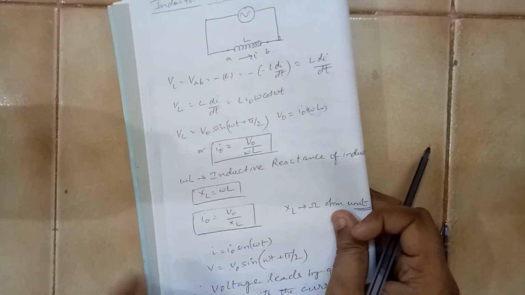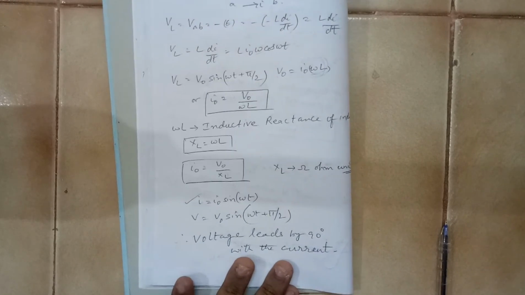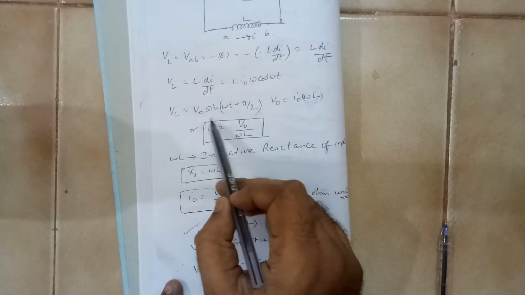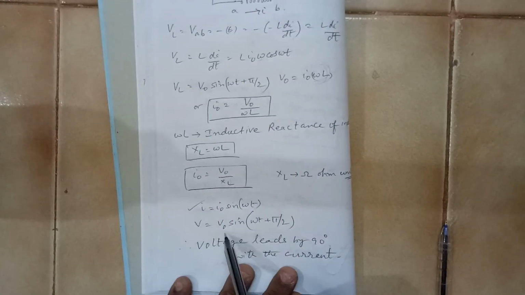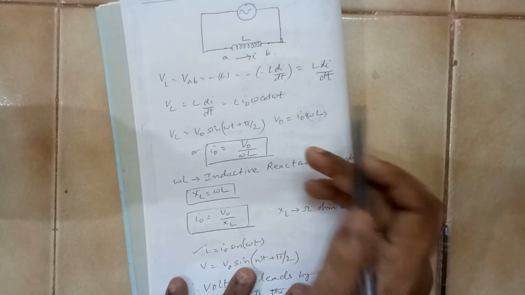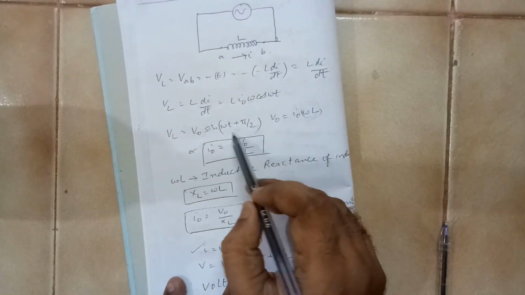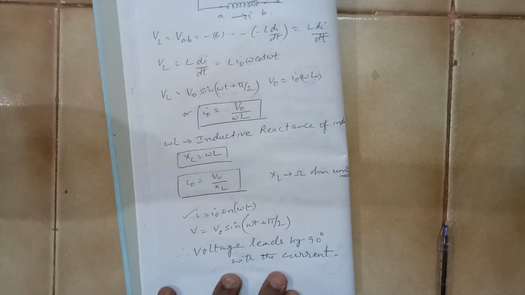If you see the phase difference here, the current value is what we have assumed. Now the voltage, we have got this: voltage is equal to V0 into sin of omega t plus pi by 2. Why have we got this? I have written this cos as this. We are trying to bring them in the sine format so that we understand what the phase difference is.